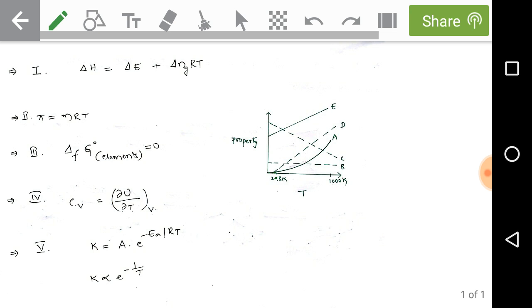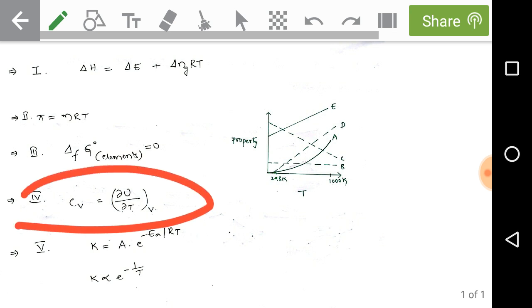That is, the Gibbs free energy change of the formation of metal oxide does not depend on the temperature. That means line B is the correct combination with the third property, because whenever we increase the temperature, there is no change in delta G. That's why line B will be the correct combination.